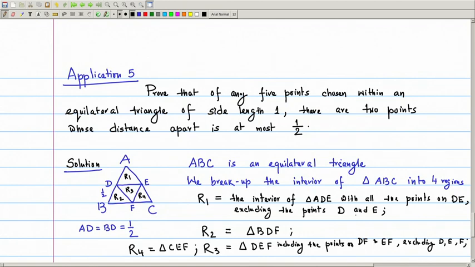So, we get 4 congruent equilateral triangles. That means the interior of ABC now becomes 4 regions R1, R2, R3, R4.